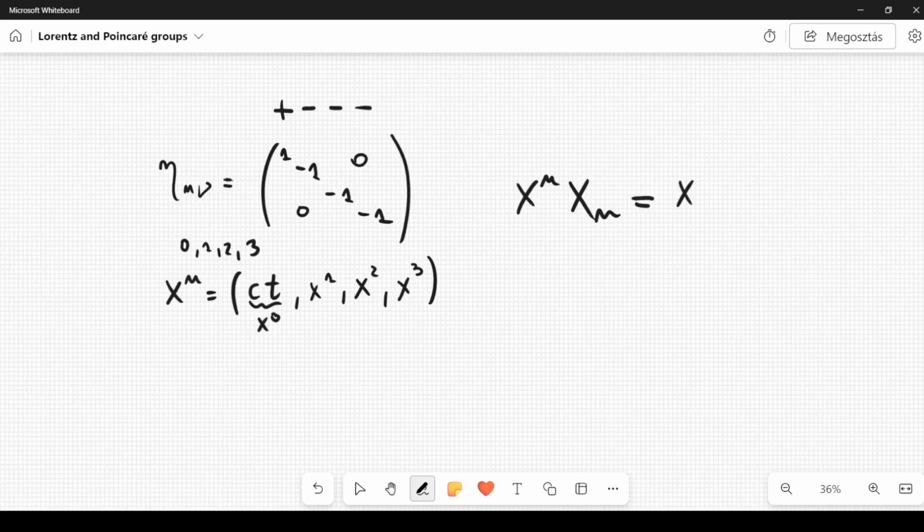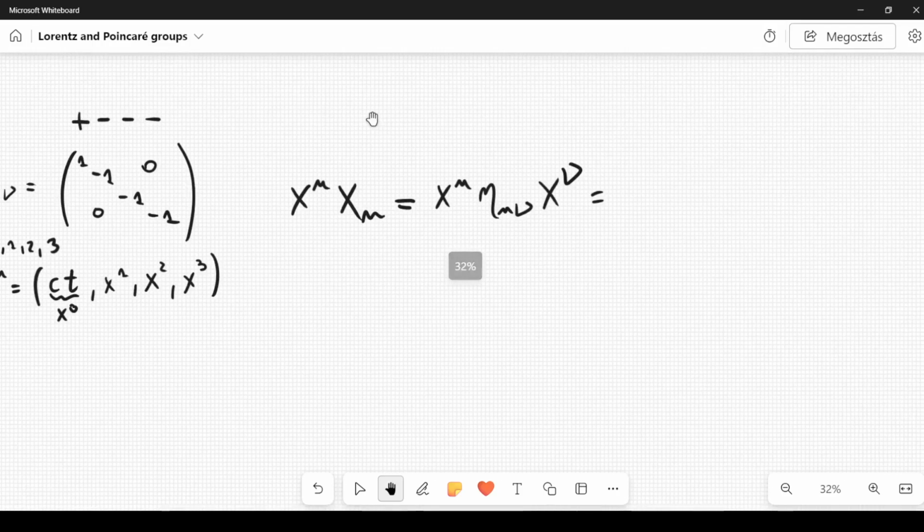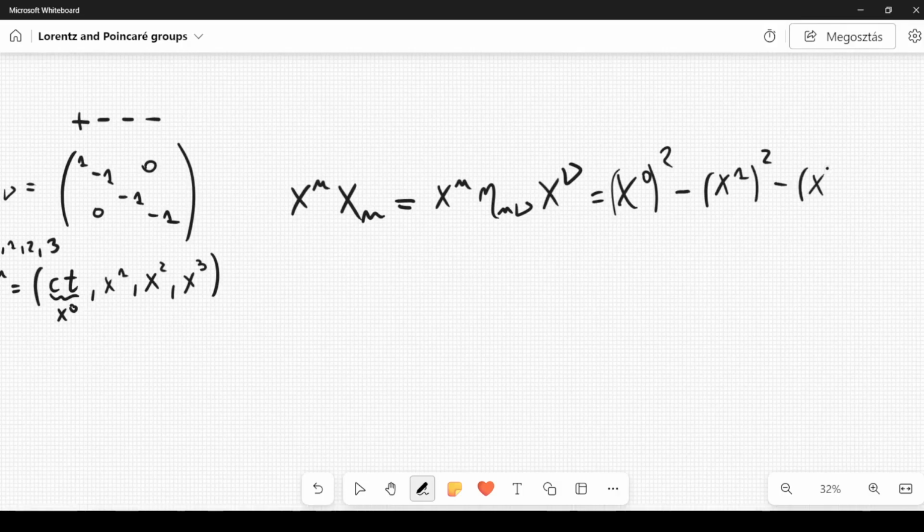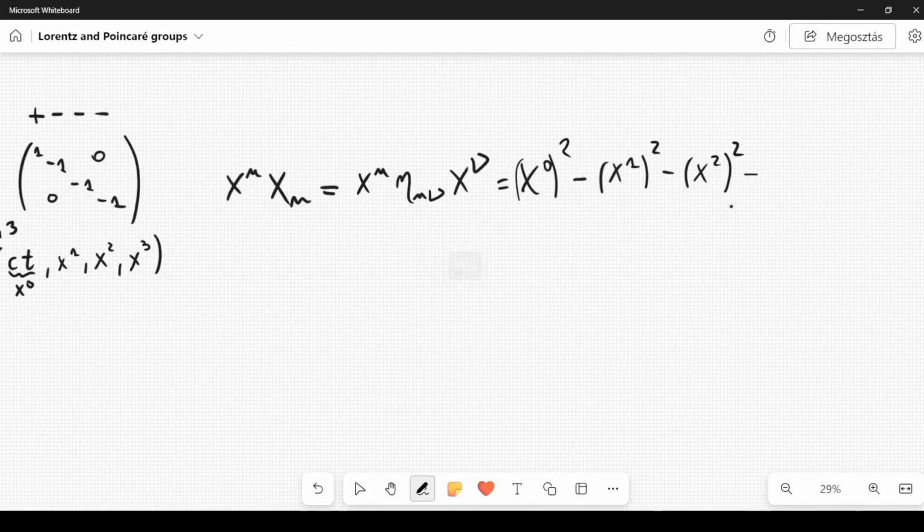This is equal to x^μ η_μν x^ν, and of course it can be spelled out like this: x0 squared minus x1 squared minus x2 squared minus x3 squared.